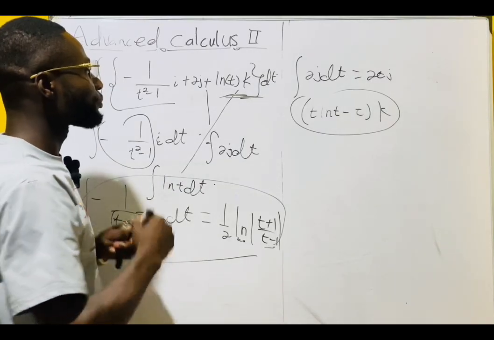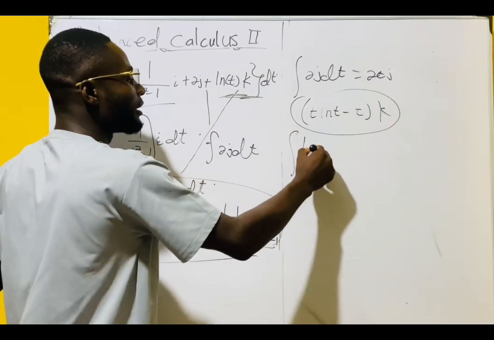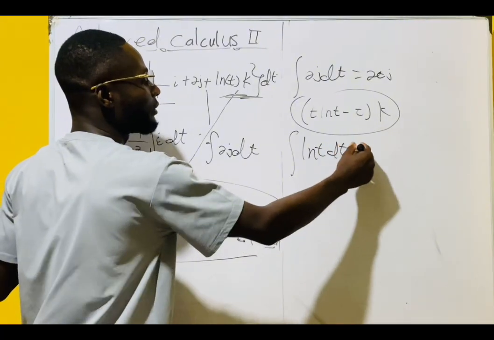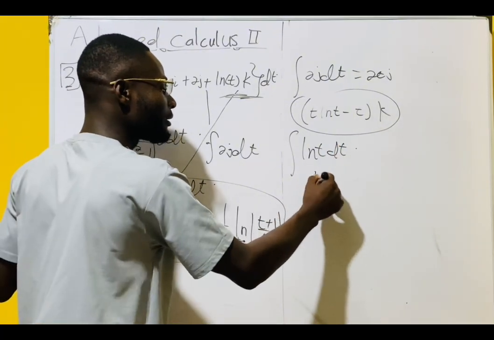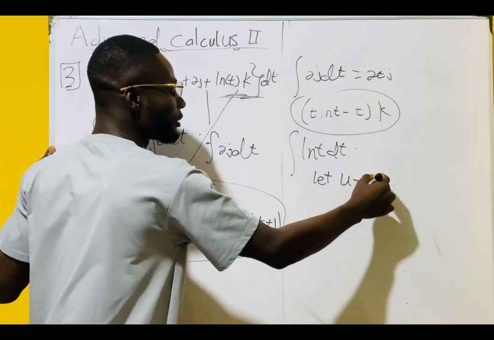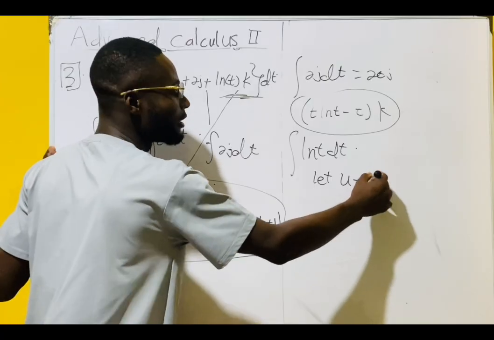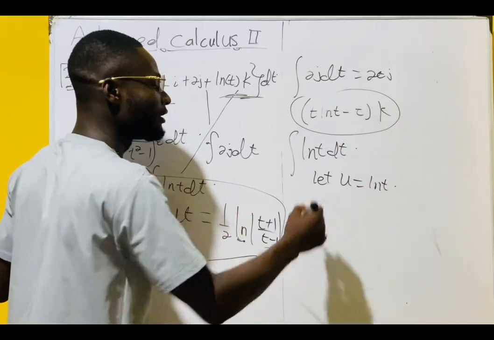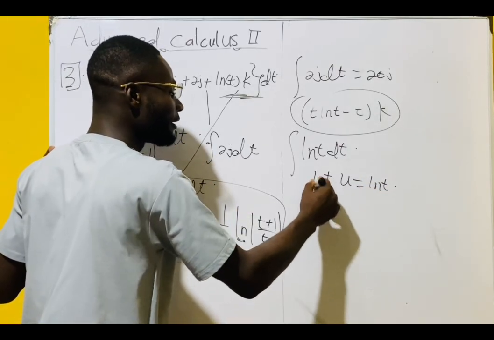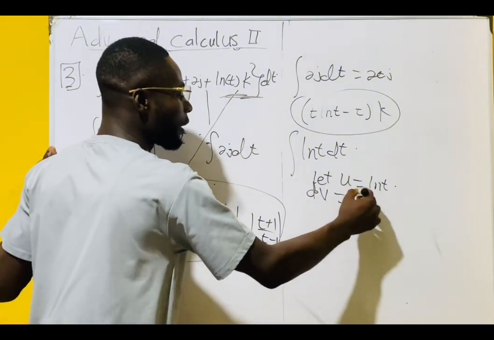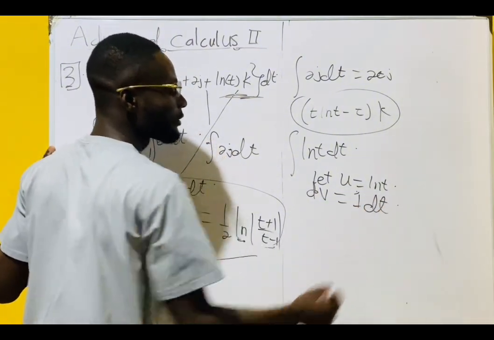If you are integrating ln t, then you let u equal ln t, and then you let dv equal 1 dt.